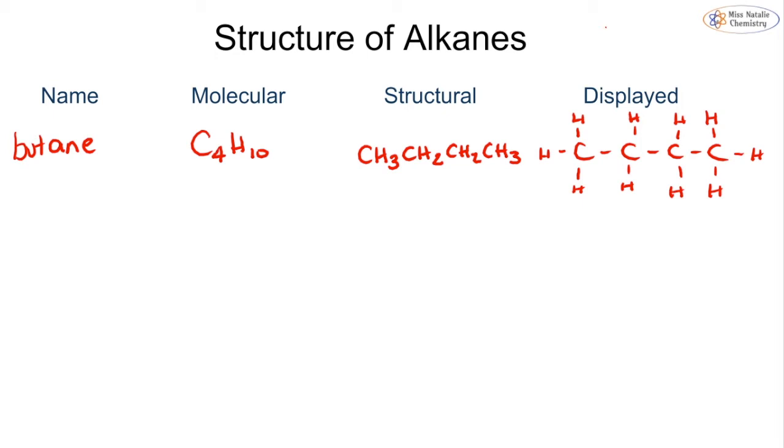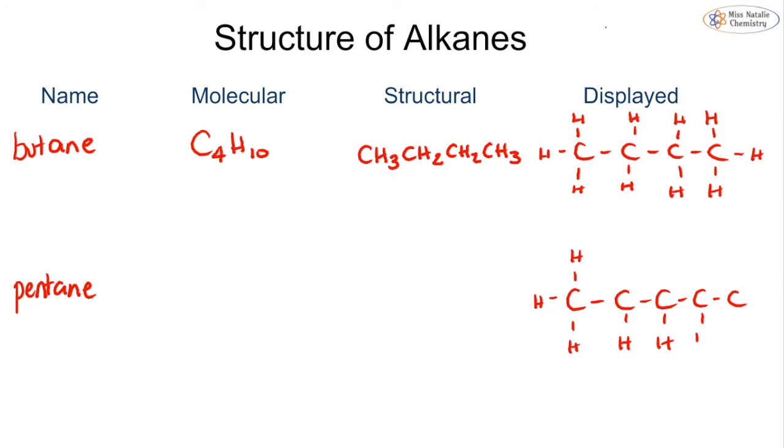And the last one that we have to know is pentane. So pent meaning 5, similar to a pentagon. And the ANE, of course, tells us that it is part of the alkane family. So we have 1, 2, 3, 4, 5. And then we surround all of the carbons again with all hydrogens, making sure everything is a single bond and every single carbon has 4 bonds.